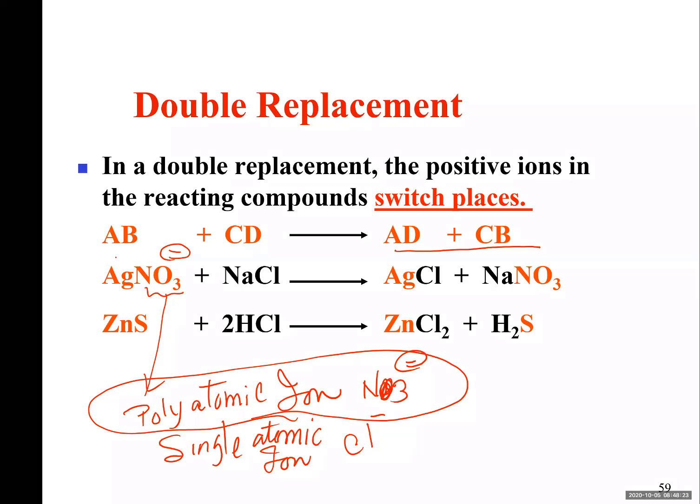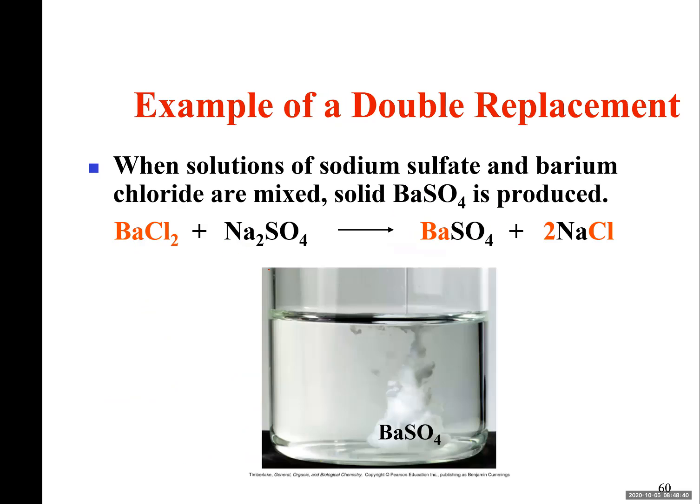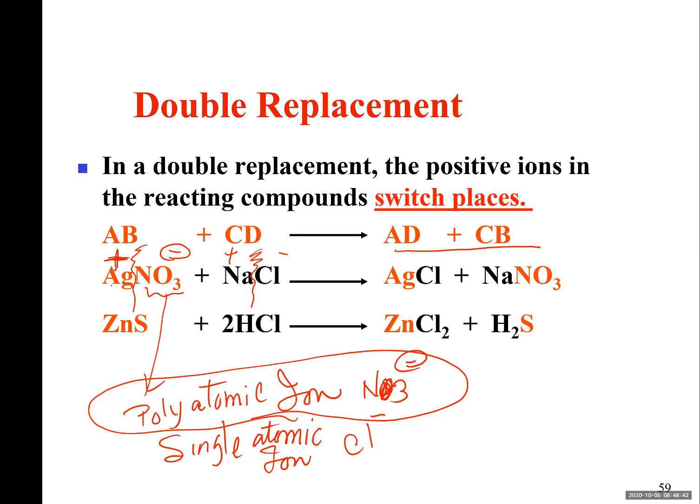So I know metals have positive charge, and these are two oppositely charged ions. They are composed of more than one atom. So in a binary compound, there is separation of positive and negative. The positive ions, metals, are going to switch their place.